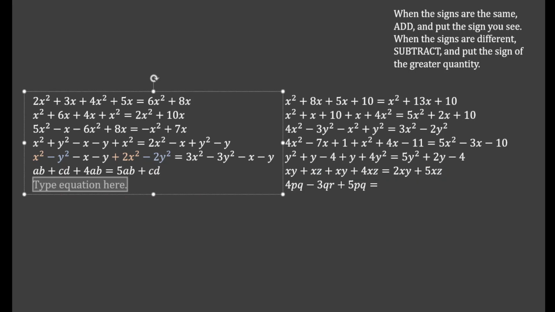Yes, sir. Right. So 4AB plus 7AB minus 3AD. What are we getting for this one, Zane?